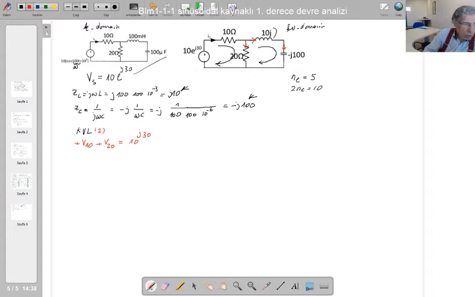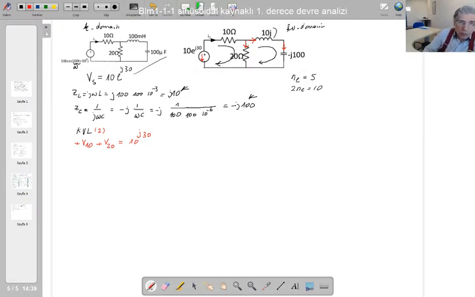Why is its sign positive on the right hand side? Because if you were writing it on the left hand side, this element current reference is downwards according to passive sign convention. So if you write this independent voltage source voltage on the left hand side, the loop direction and this element current direction are opposite to each other. Therefore, if I were writing this element voltage on the left hand side, it would be minus. So I moved that minus to the right hand side, and that minus became plus.